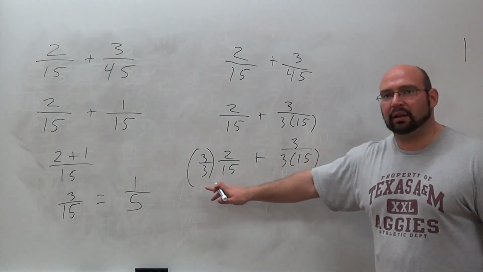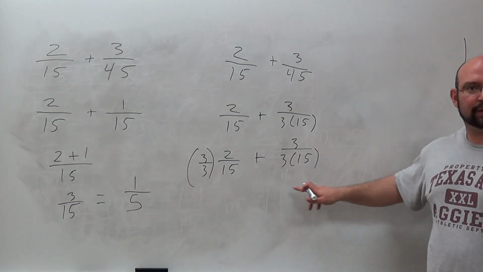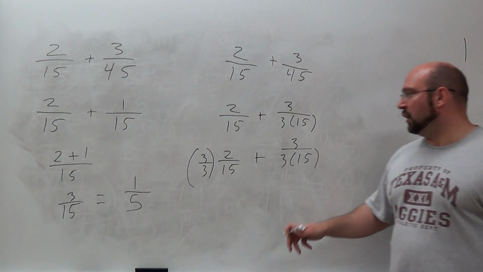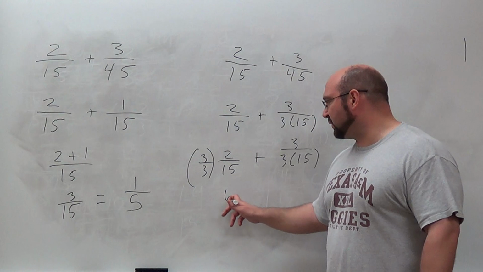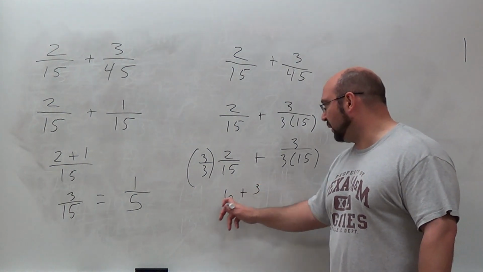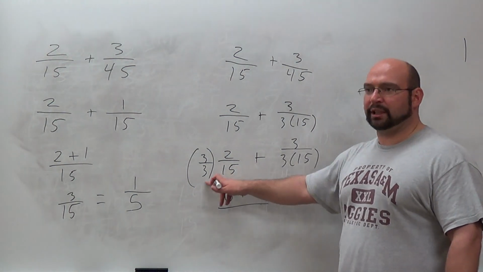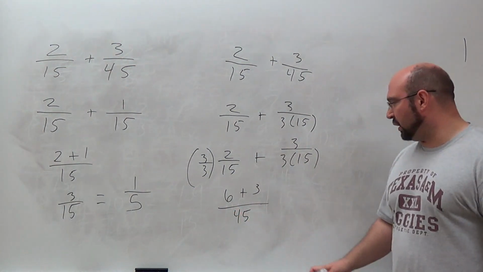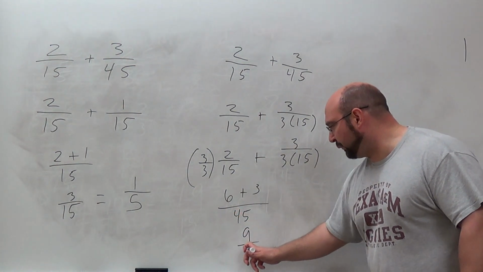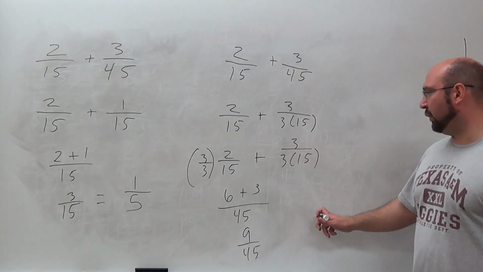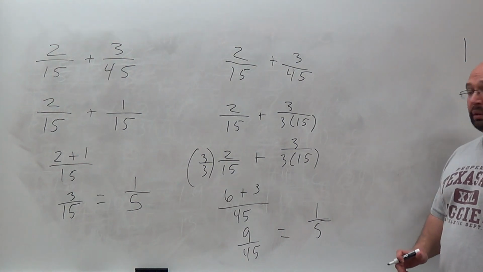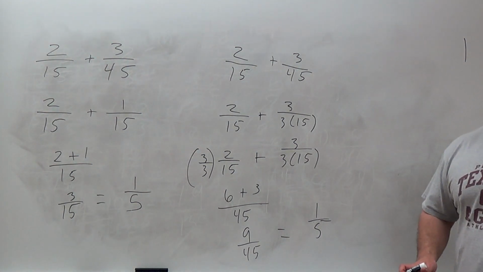Does everybody see that? 3 times 15, 3 times 15. So I don't have to do anything to this. We're good. So I know that this is going to be 6 plus 3 over my 3 times 15, which we know is 45, which is going to give me 9 over 45. And we all know that that is going to give me my 1/5. Is everybody with me on that?